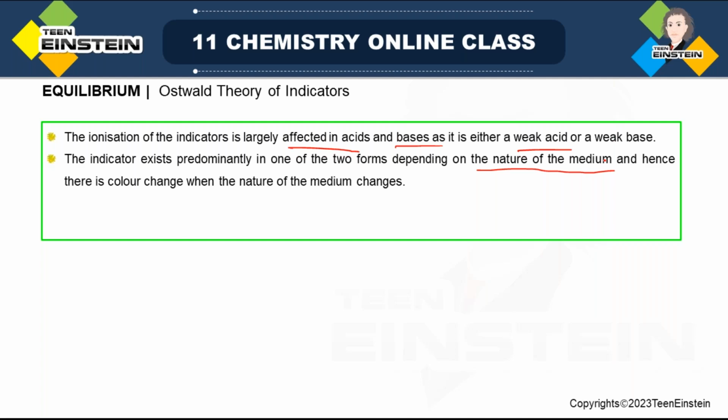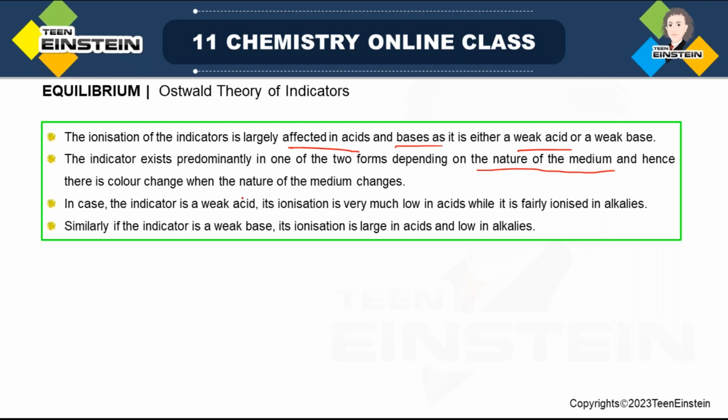So suppose in one form it is red color, in another form it is yellow color, and during titration it changes color from red to yellow or yellow to red, then we can understand that this particular range of pH is now present in the medium, because the color changes between these two forms, depending on the pH of the medium.